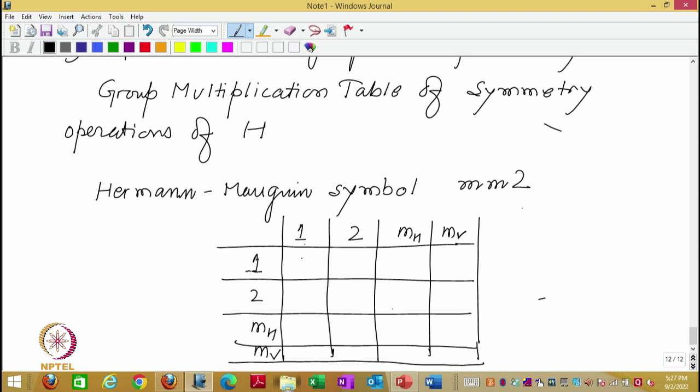So, 1 into 1 is 1, thankfully. 1 into 2, identity being combined with any operation, so we will leave it unchanged. So, that row is easy for us to write. Similarly, if I do 2 into 1, so that will remain 2.